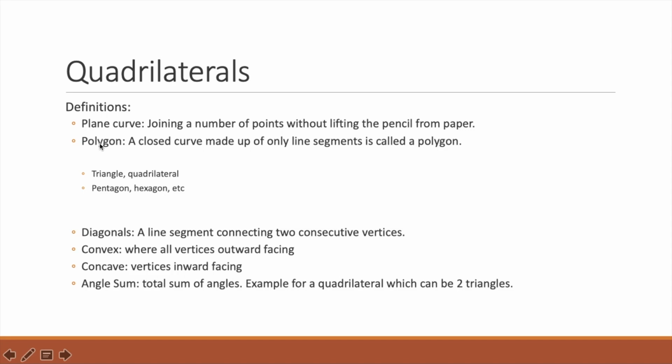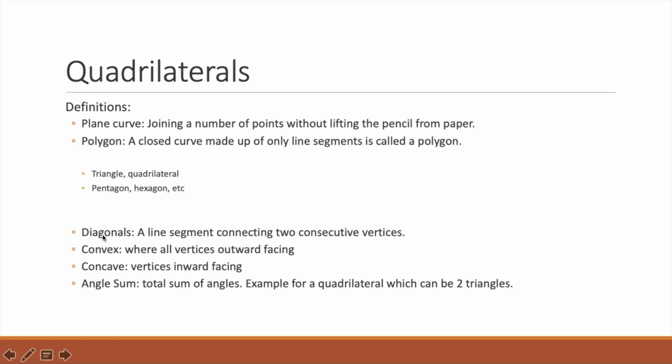So a polygon is a closed curve made up of only line segments. Examples: triangle with 3 sides, quadrilateral with 4 sides, pentagon with 5 sides, hexagon with 6 sides, and so on.